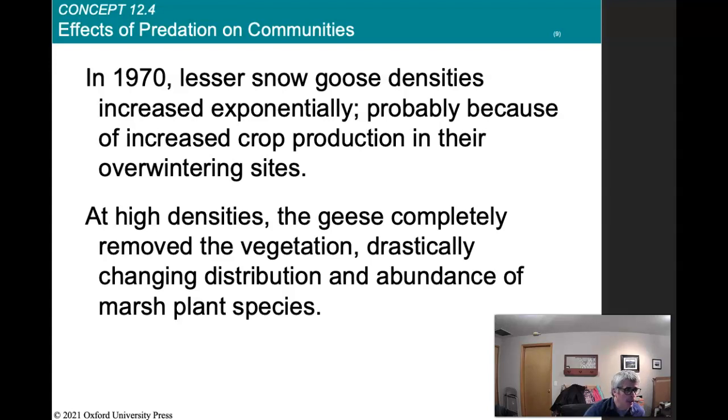You drive around in the county and you see geese standing in cornfields. So they've benefited from this increasing agriculture. But at high densities, the geese completely decimate the vegetation, changing the distribution and abundance of marsh plant species.